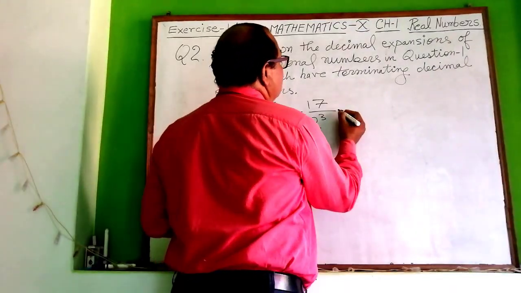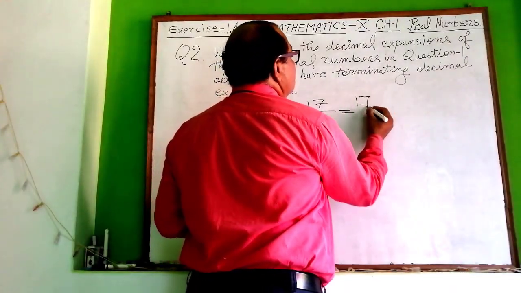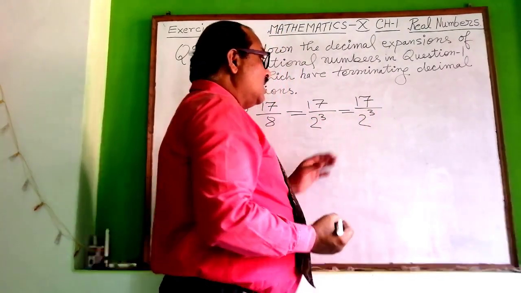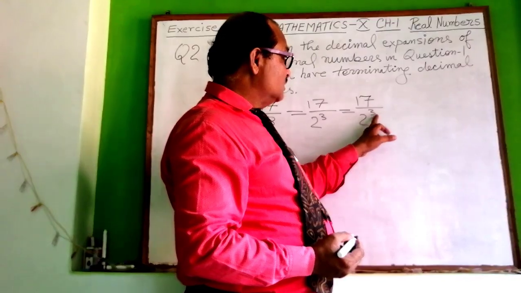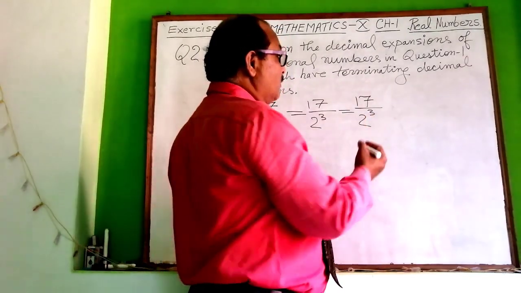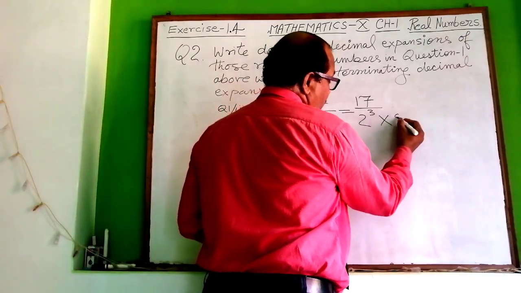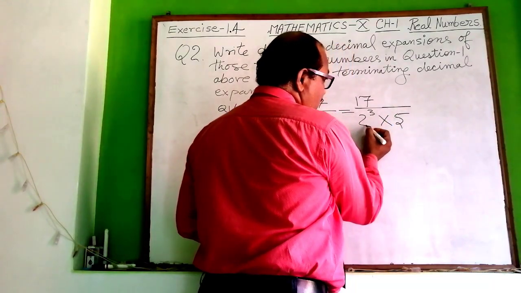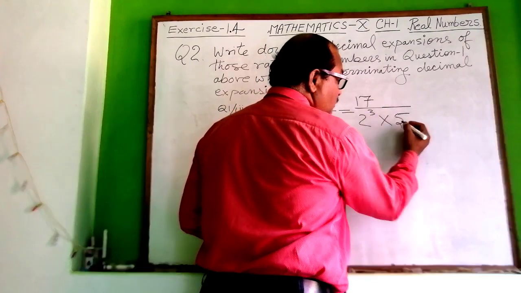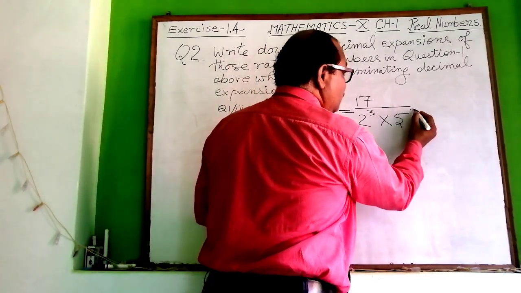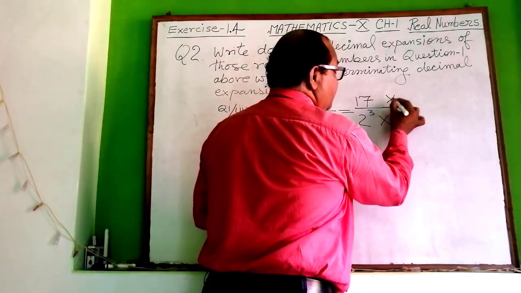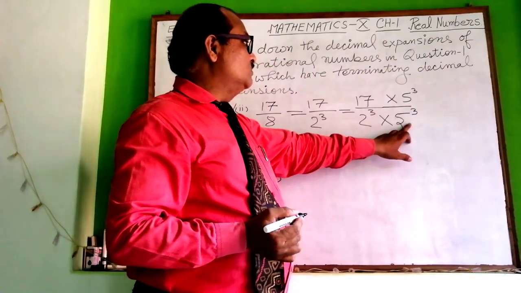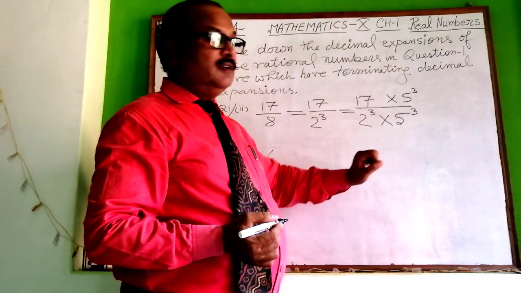So without actual division you can write its decimal expansion. How? This can be written as 17 upon 2 raised to the power 3. How much is the power of 2 here? The same power of 5 you will multiply in numerator and denominator. Here 2 raised to the power 3, so from your side you will multiply numerator and denominator by 5 raised to the power 3.